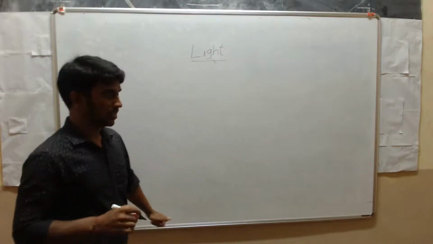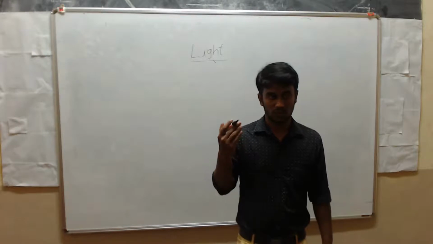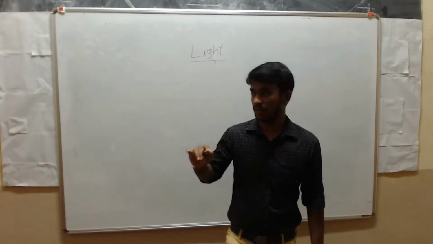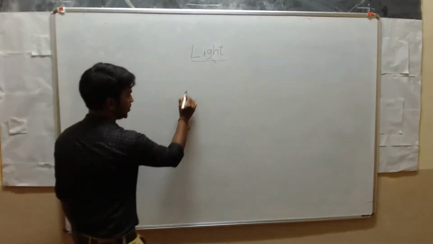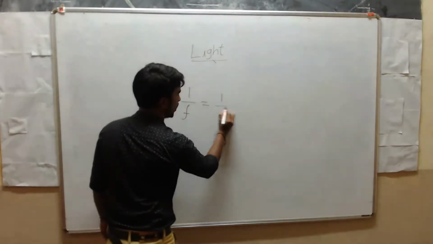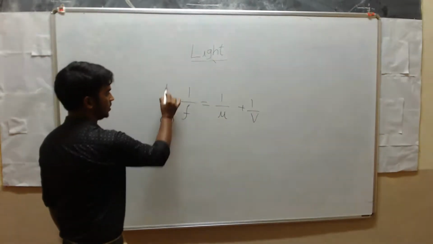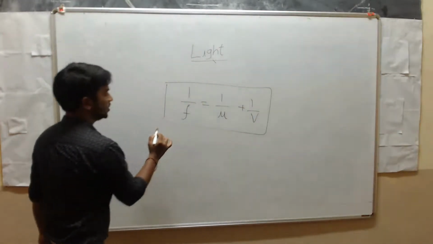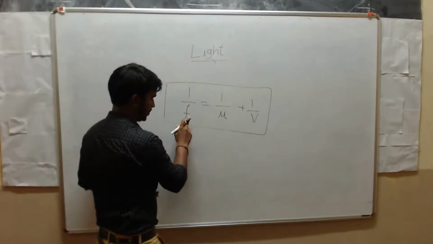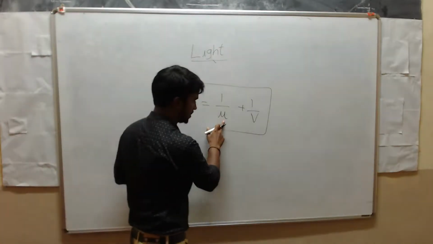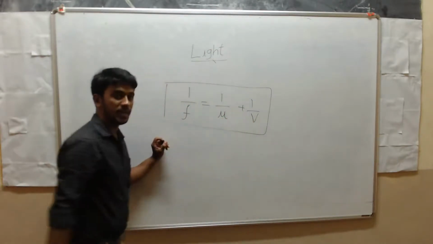Yes, it is. If you know the focal length of the mirror and the object distance, then we can find the position of the image. For that, we have one formula, that is 1/f = 1/u + 1/v. We call this formula the mirror formula. Here, small f represents the focal length of the mirror, u represents the object distance, and v represents the image distance.